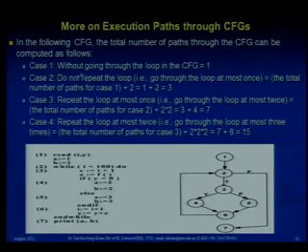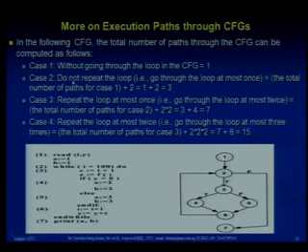Case 1, we analyze this graph to see how many paths there are without going through the loop. The loop is here. Without going through the loop, that means just go out straight away. There's only one path. That's case 1.